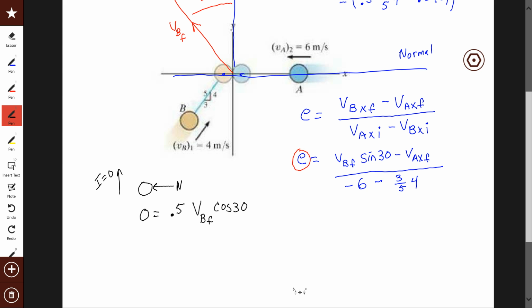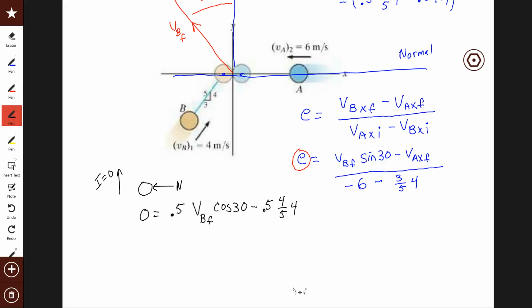That's the final momentum. The initial momentum in the y direction is 0.5 times the y velocity, that'd be 4/5 times 4. So that's a third equation you can then use for the other.